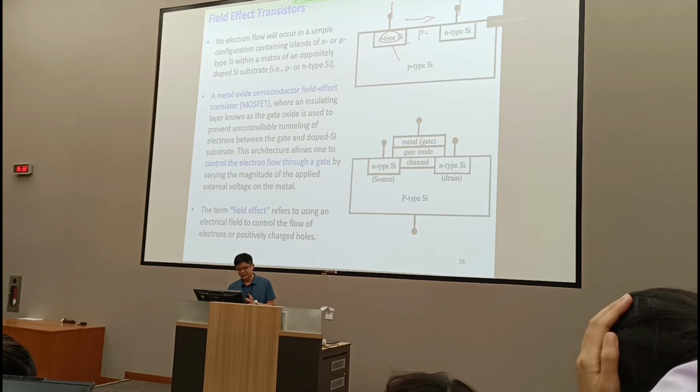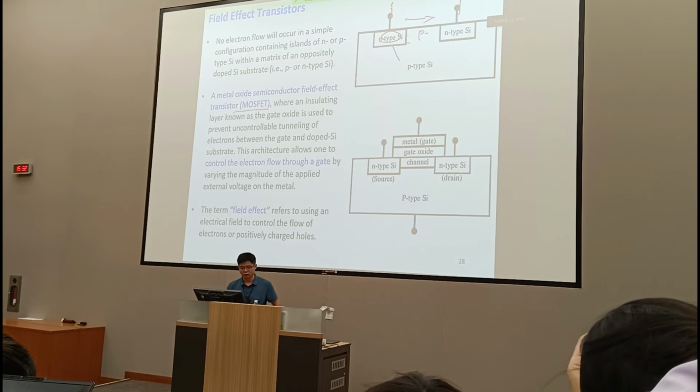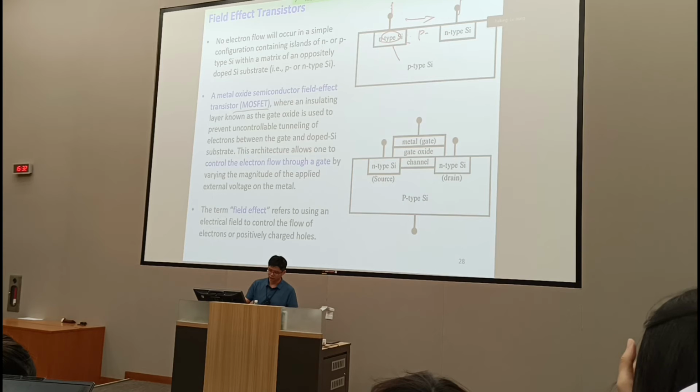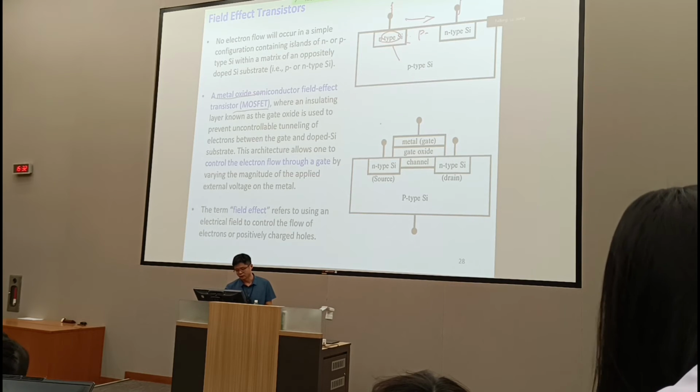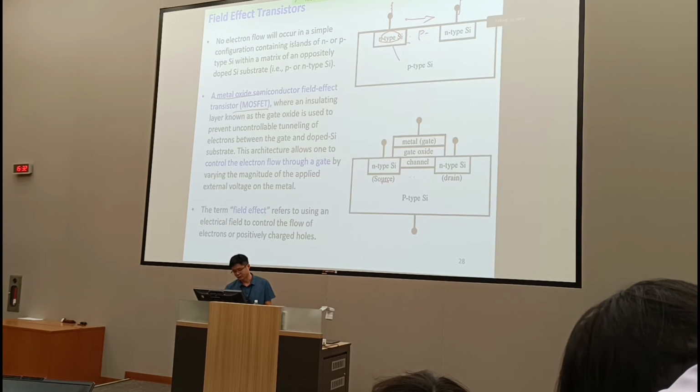So one typical type of field effect transistor is called the MOSFET, the metal oxide semiconductor field effect transistor. Here, in addition to the source and drain, you have the gate. The gate electrode is basically metal.